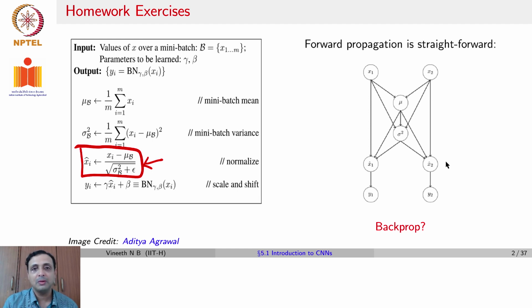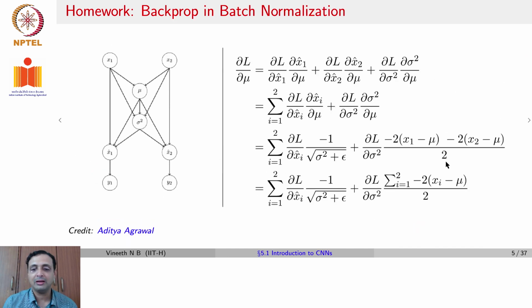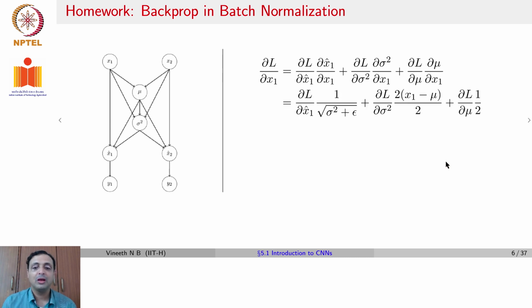So ∂σ²/∂μ becomes a summation of all of these gradients, and that's what we get here. Each of these is one gradient with respect to one of those inputs, x1. Similarly, this would be the gradient with respect to x2, and so on and so forth. And that's how you get your ∂L/∂μ.